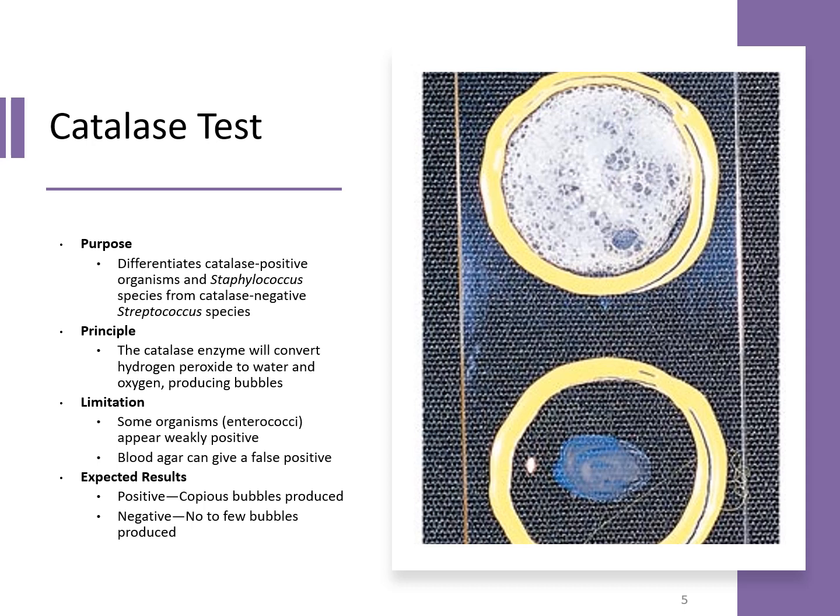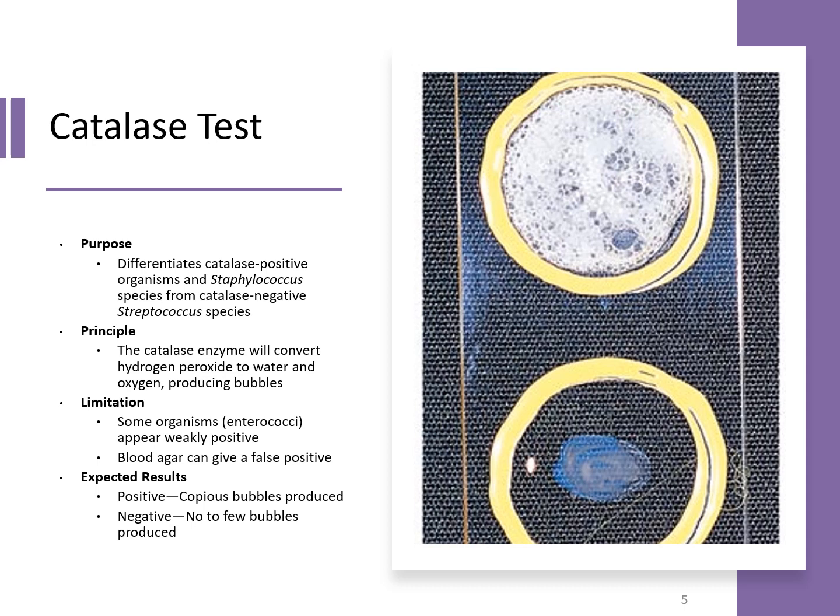So with our catalase test, what happens here is that a little bit of the organism is placed onto a slide. And so you would take a stick or a culture loop, place that organism onto the slide, and kind of spread it out a little bit. And then from there you would drop hydrogen peroxide on that organism.